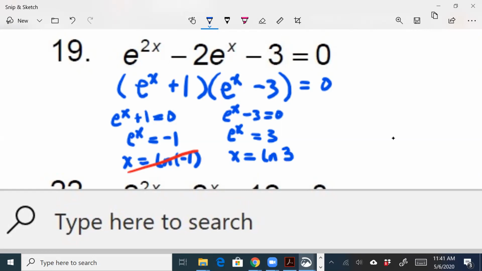And like we have done before here, you can put that in your calculator.